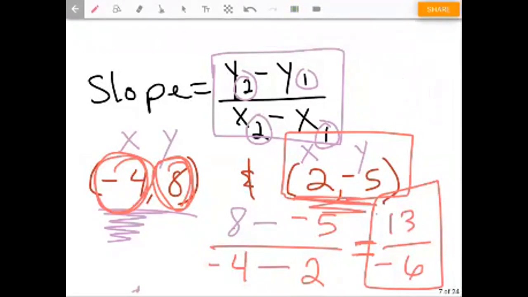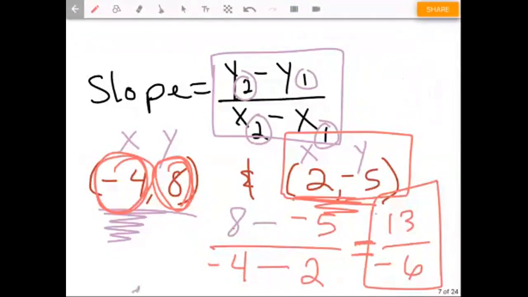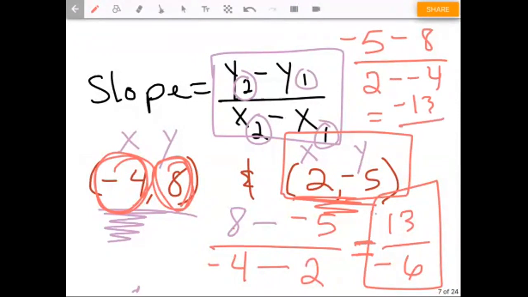If we pick our y -5 minus the y in the other one, which is 8, and then 2 minus -4, we have -5 minus 8 is -13, and 2 minus -4 is 6. So we really get the same thing. You get 13 over -6 or -13 over 6, which are equivalent. The negative can be in the top or the bottom.